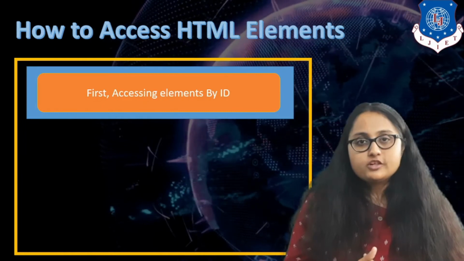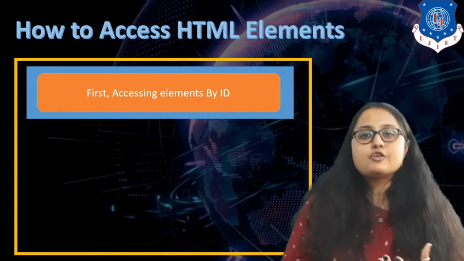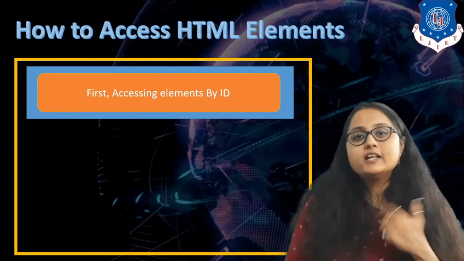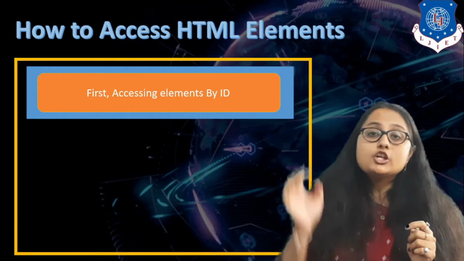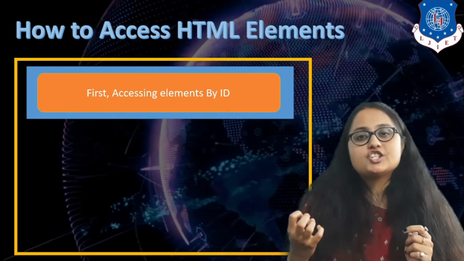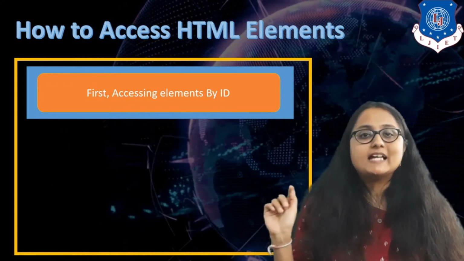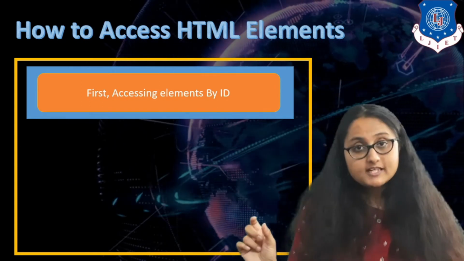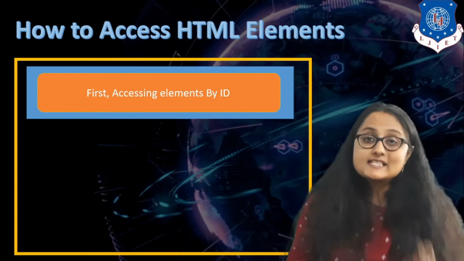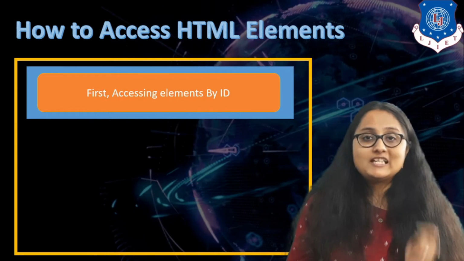In document object modeling, they took advantage of this attribute and created a method through which you can access the HTML elements using this ID attribute. So let us see how I can use this ID attribute value and access my HTML element in JavaScript.